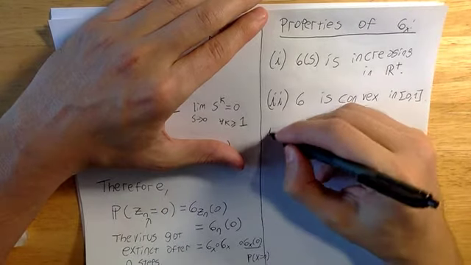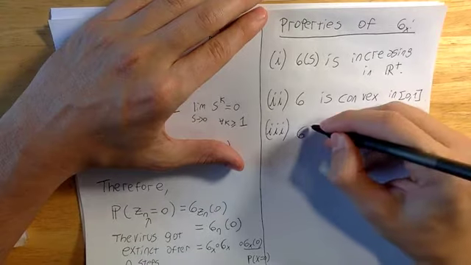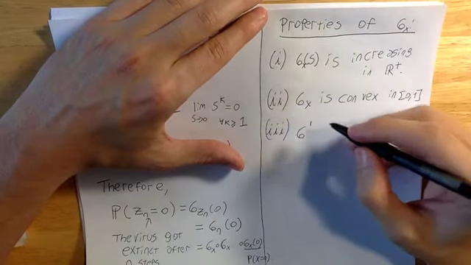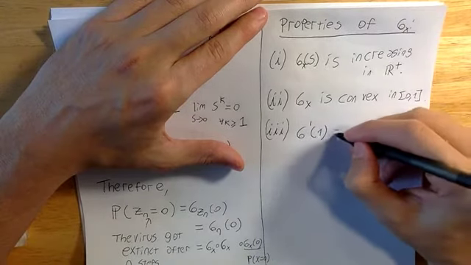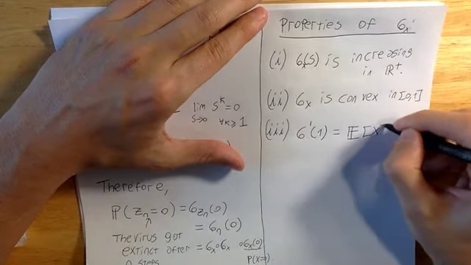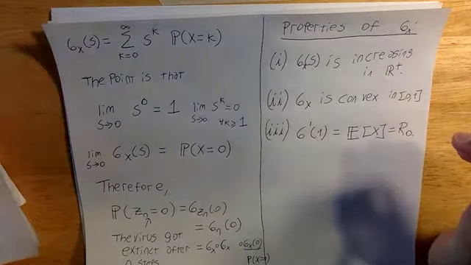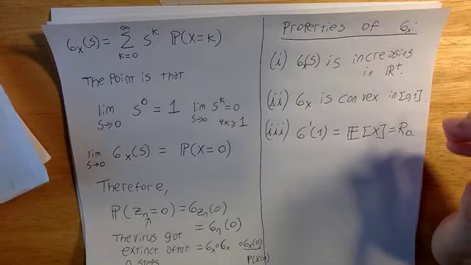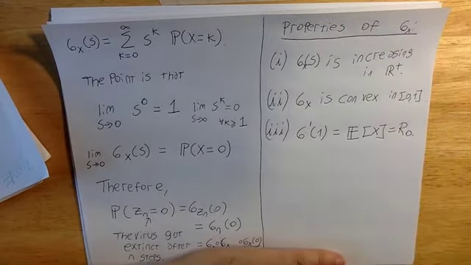And the third one is that G prime of 1 is equal to the expected value of x, which is equal to R naught. Okay, so what is the proof of this?